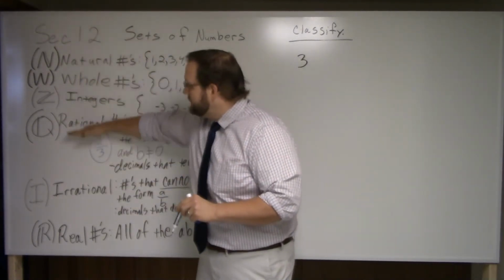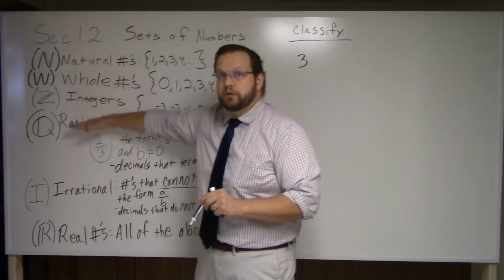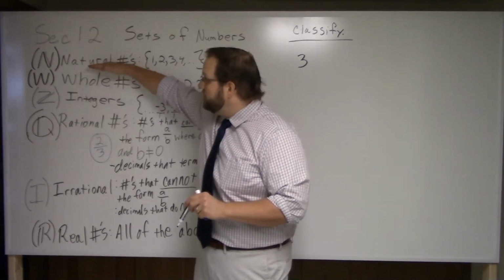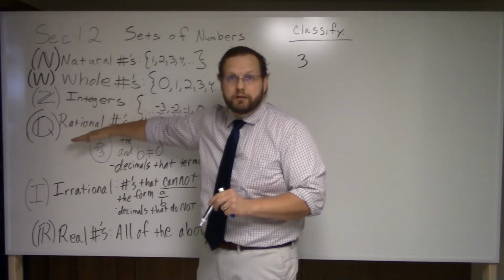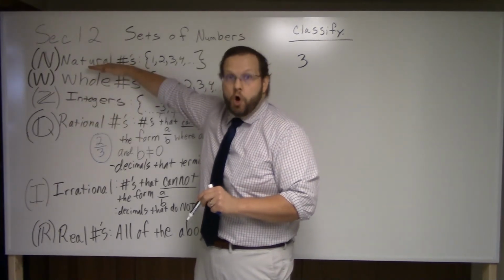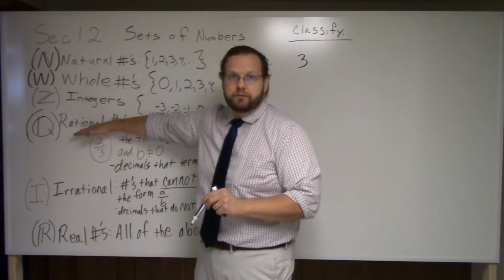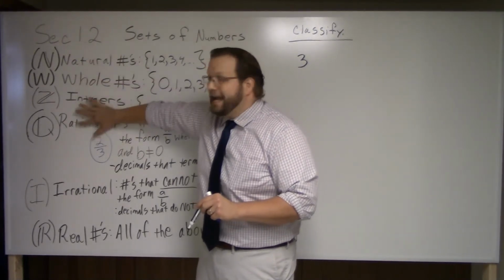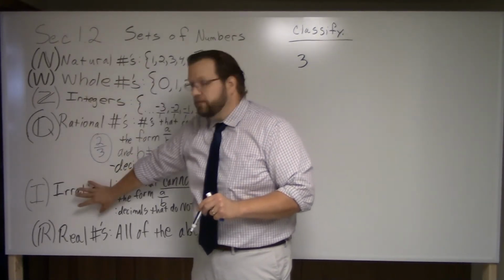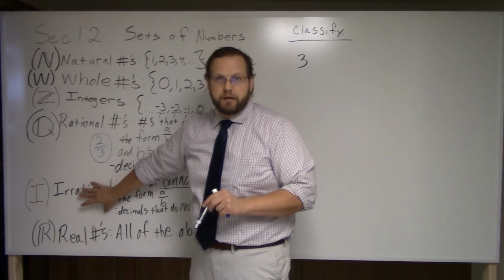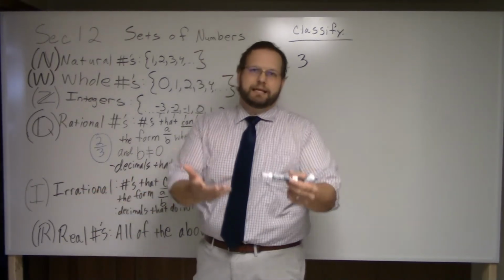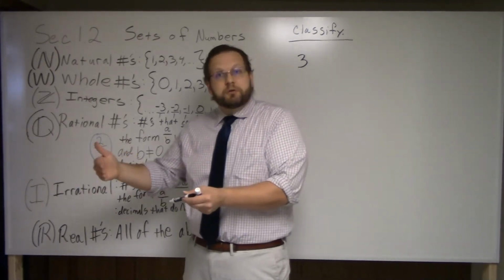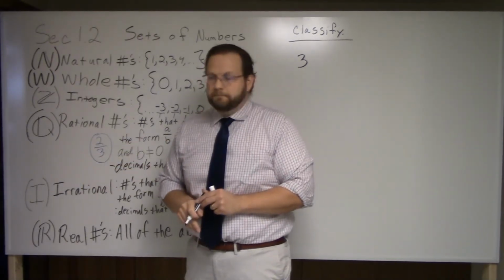Now, these 4 are going to build upon one another. Once you fall into one of these categories, you're going to fall into every category below it. So if I'm natural, I will also be whole, integer, rational. If you don't fit into any of these, you would fall into an irrational. Okay? And then real, that's going to be every single number that I give you right now. Again, there are numbers that are not real. I'm not going to show you those right now.